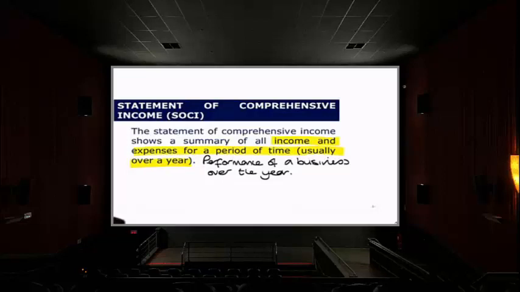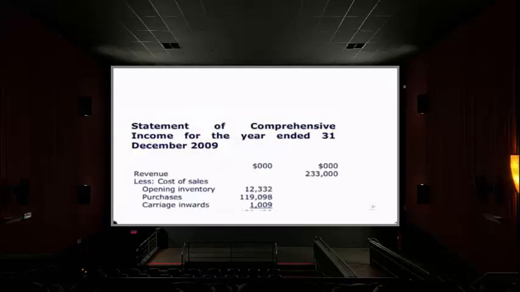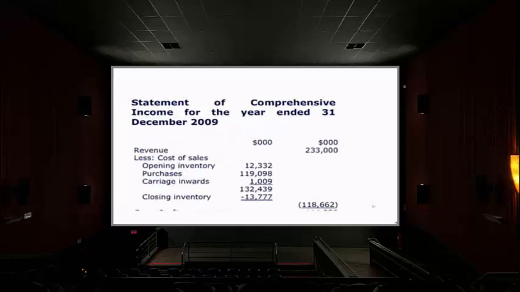So this is a financial statement that's really important, and this is really one of the most important things you can learn in F3. So let's take a look then at the statement of comprehensive income. Now notice I said it was a video recording for the year of all income and expenses. So the statement of comprehensive income is going to have a certain title.